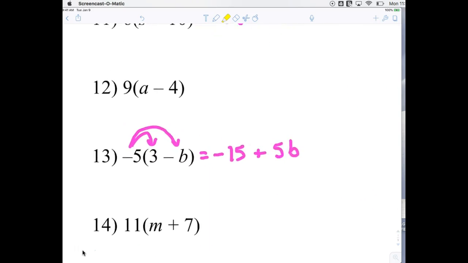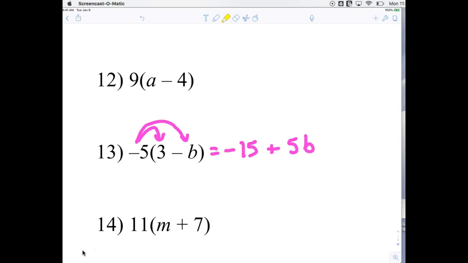So, number 12. Mia, why don't you tell me what 12 is? 9a minus 36. That's right. Oh, you times it.